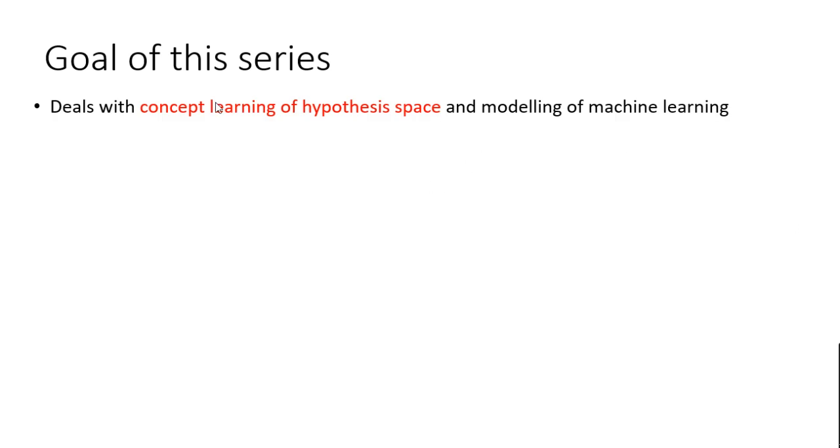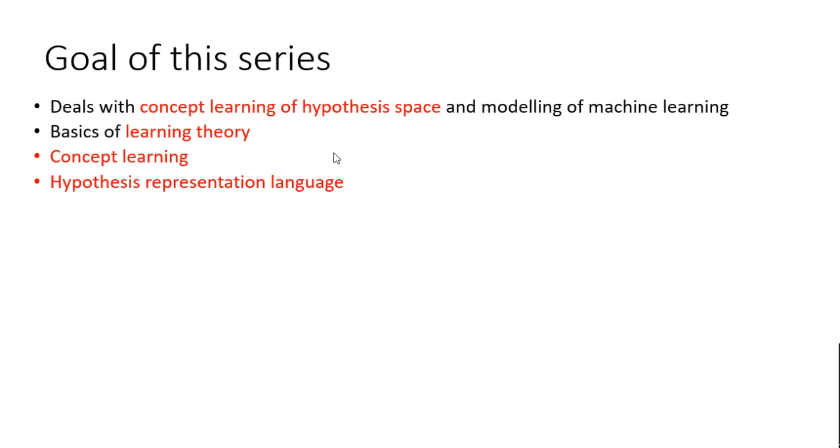So in this entire series of learning concepts, this video and the next 3 or 4 videos, we will be learning the concept learning of hypothesis space. We learn about modeling of machine learning. We learn the basics of learning theory. What is concept learning?